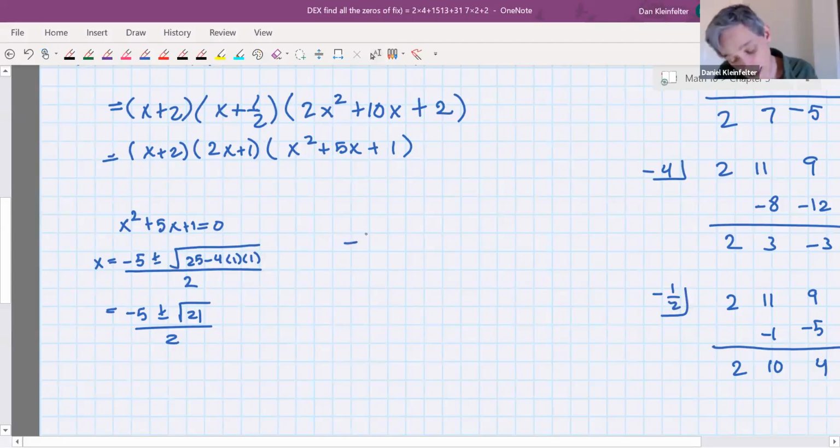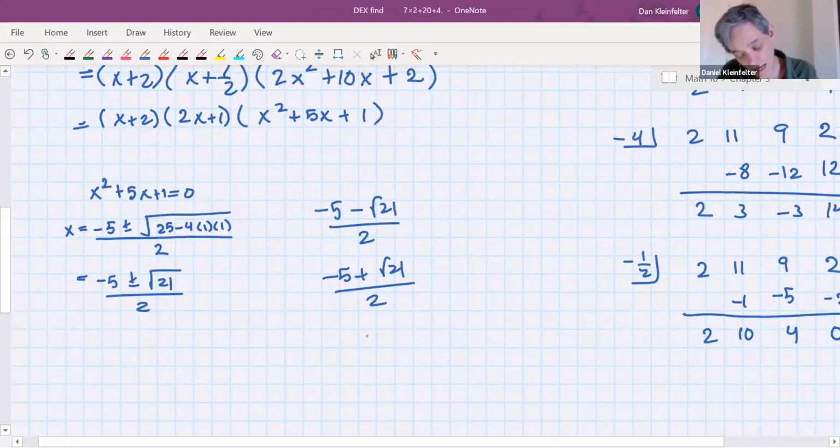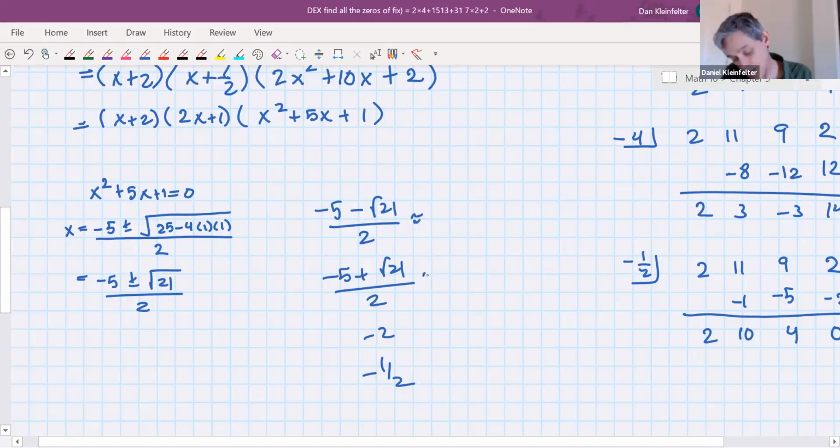So that's negative 5 minus root 21 over 2, negative 5 plus root 21 over 2. And then we saw that we had negative 2 and negative 1/2. So there's our 4 zeros for this one. I'm going to go ahead and add in the decimal approximations on those two, just so you get a better feel for how big those are.